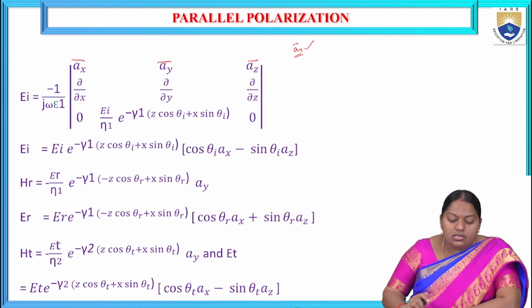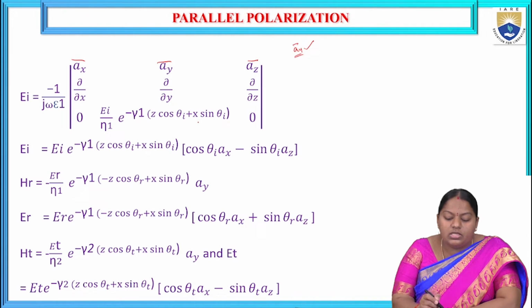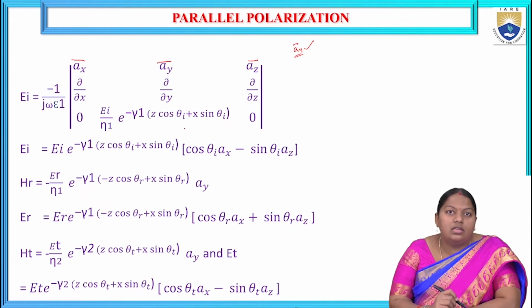So in place of that y component we just substitute Ei by eta 1 e power minus gamma 1 (z cos theta I plus x sin theta I).